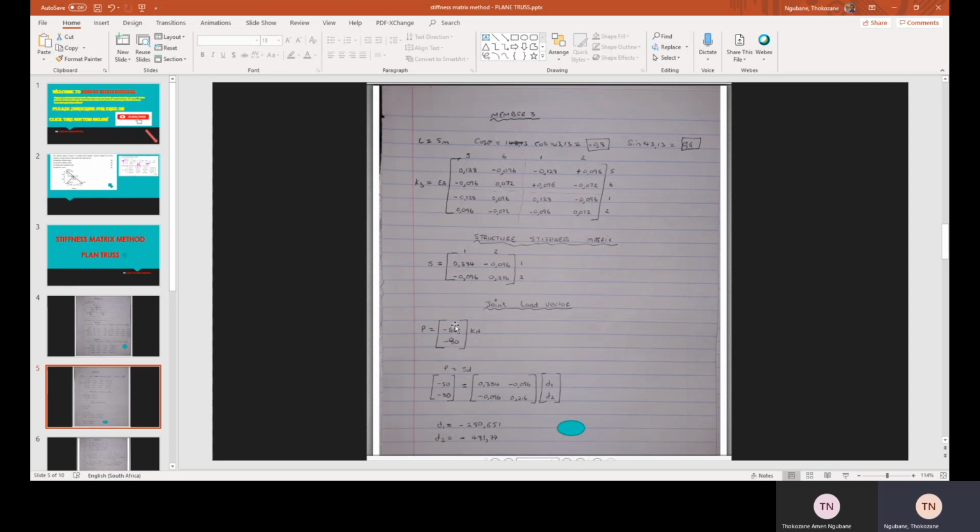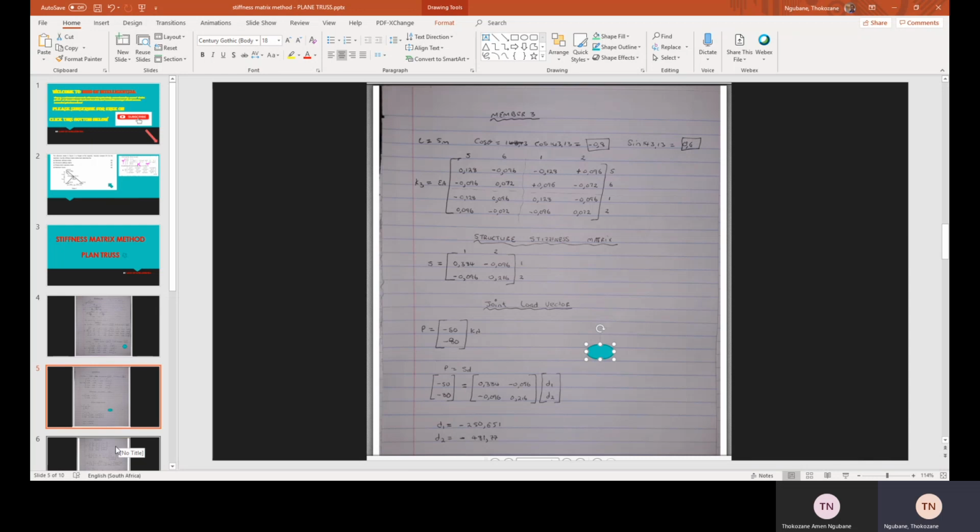which is we just have our forces on the truss, external forces. And then after that, we have our P equal to SD. We have P as we constructed here, and then we have S as we calculated here. Then we have D1 and D2, and then we use simultaneous or step methods to find the value of D1 and D2.